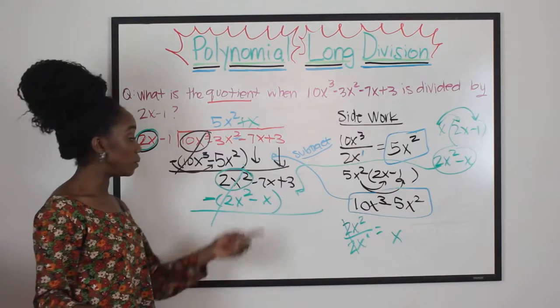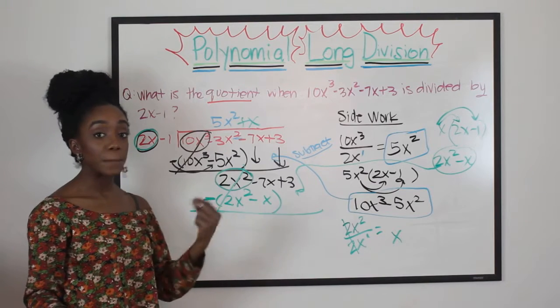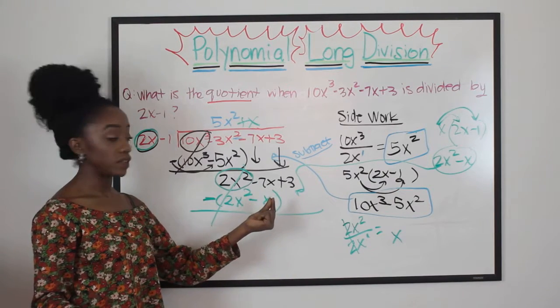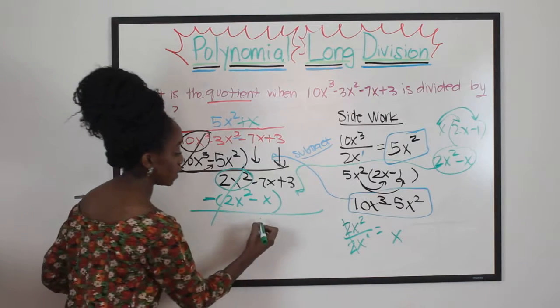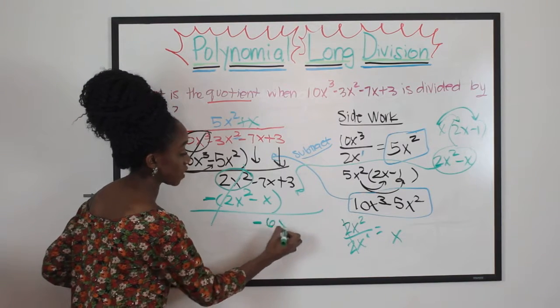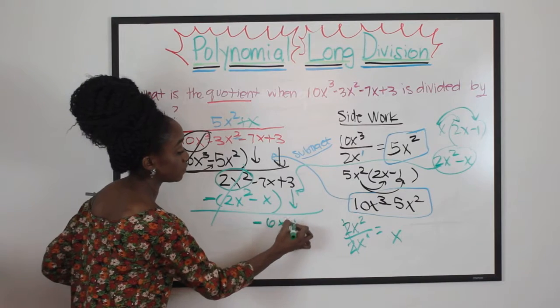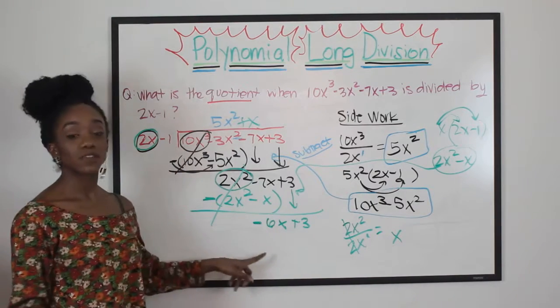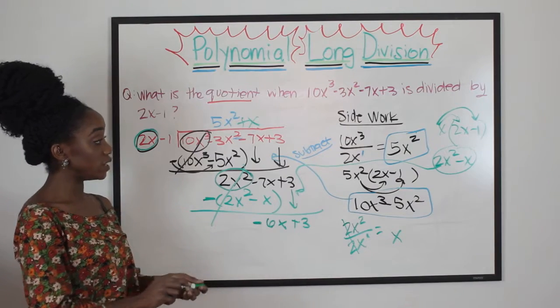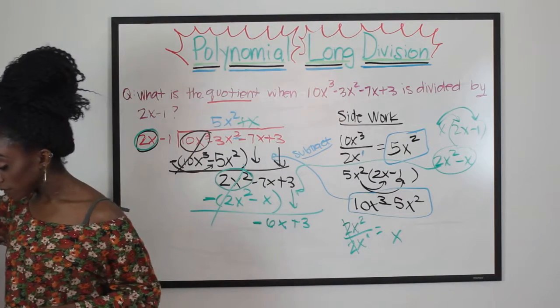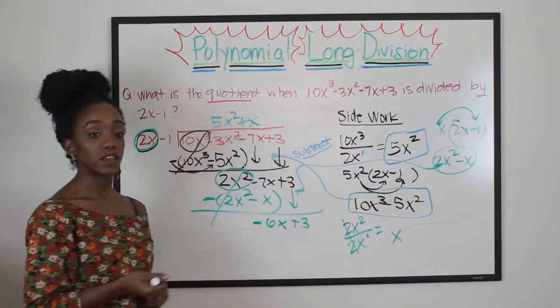It happened again. Minus a negative, which means plus. So we have a negative 7x plus x gives us negative 6x. And now we can bring down the 3. So it looks as if we could continue dividing. So we're going to continue dividing. Let me get another color.